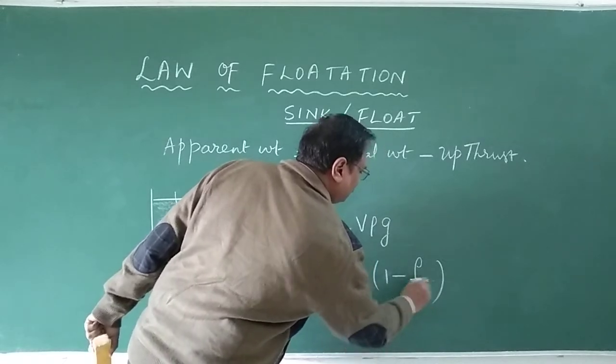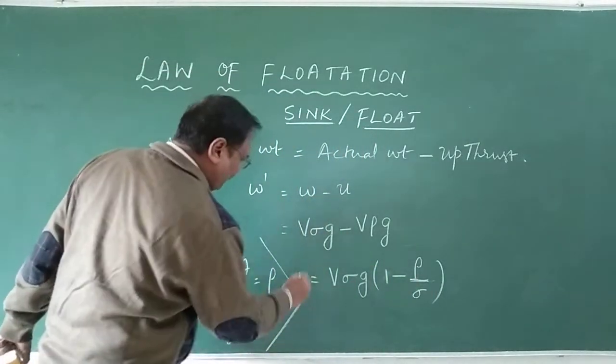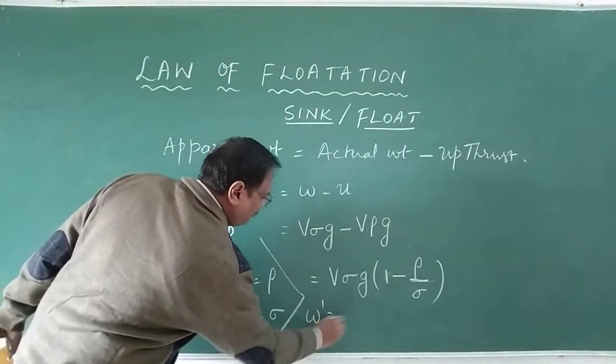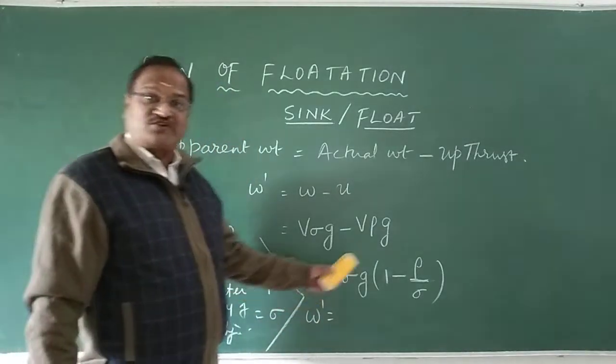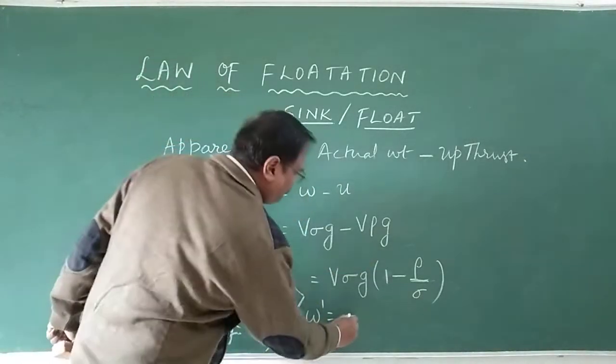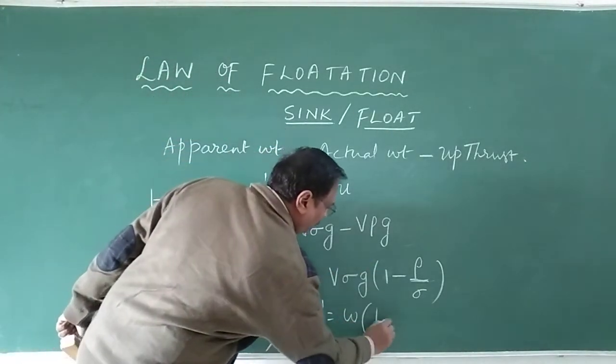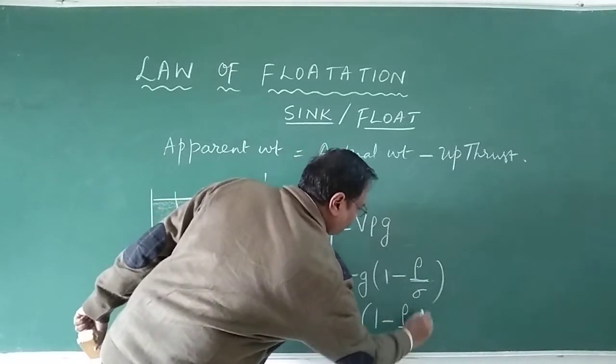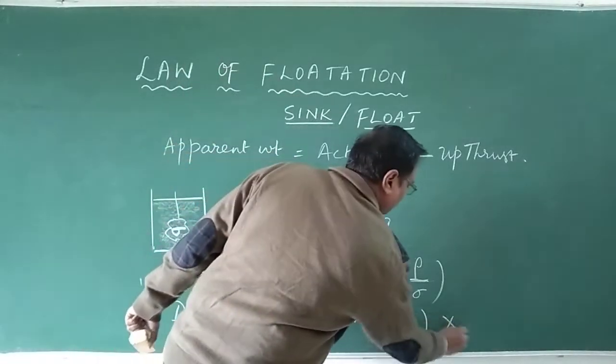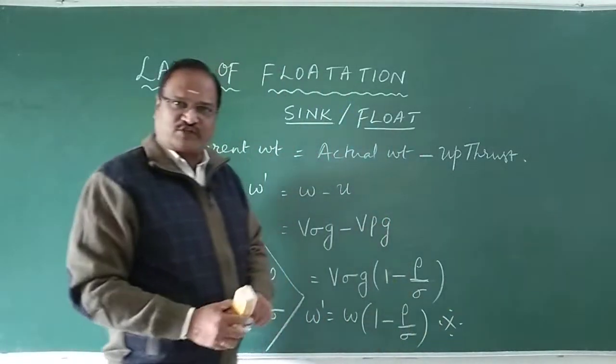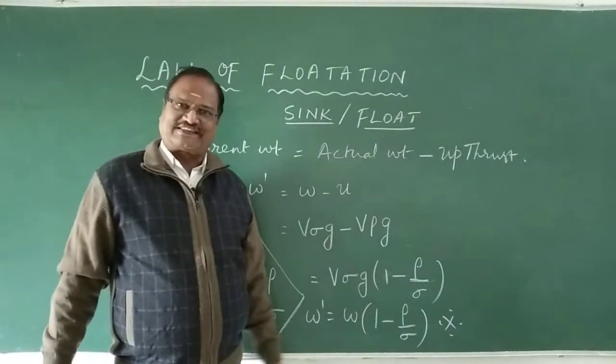So this will be the formula. W dash is equal to, what is V sigma G? That is nothing but the weight of the object. W of 1 minus rho upon sigma. This is the formula which you can use to solve numericals.